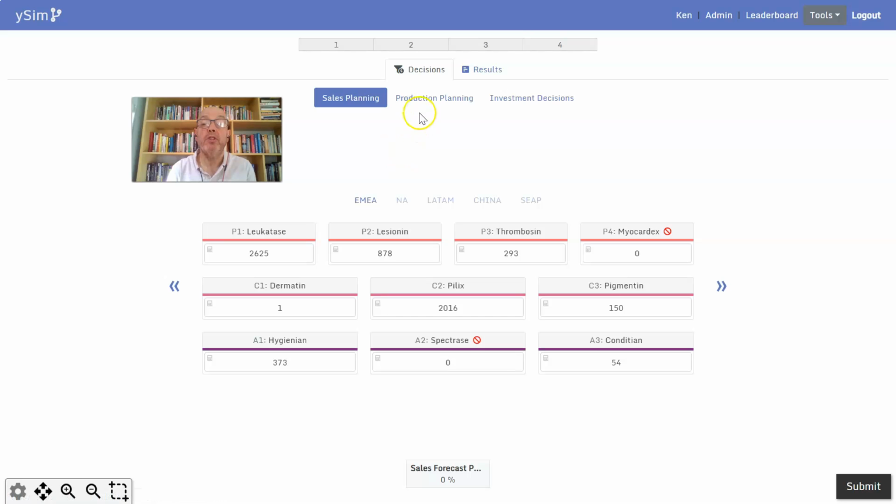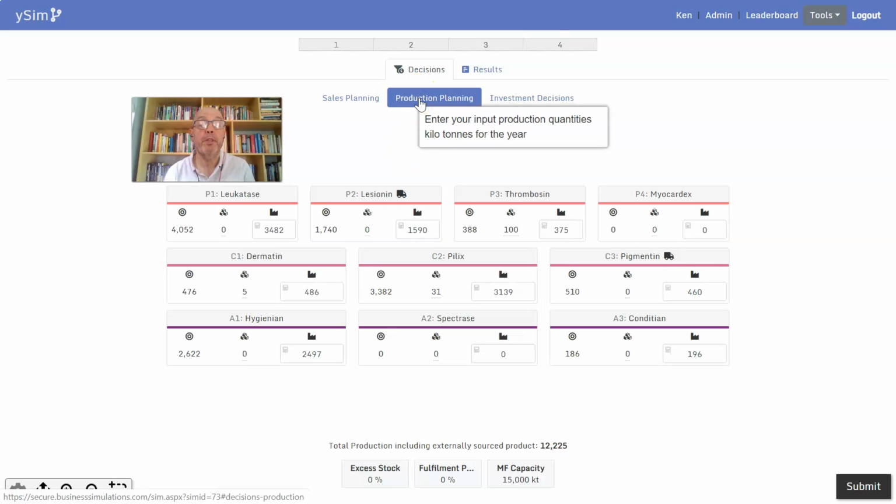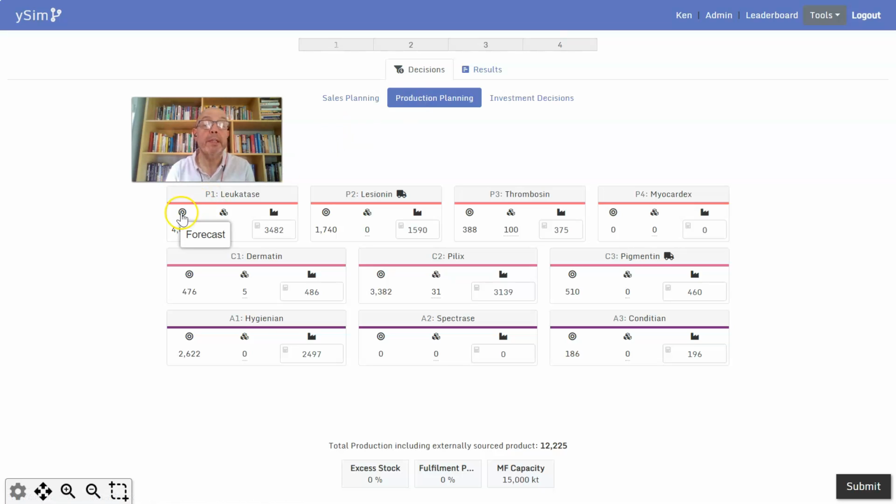Then when you've made your new sales forecast, you go into production planning. And this aggregates your products together across all the regions, because in production you don't really care where the product's going. So it's saying, for example, Lucchese, we've forecast in total 4,052.